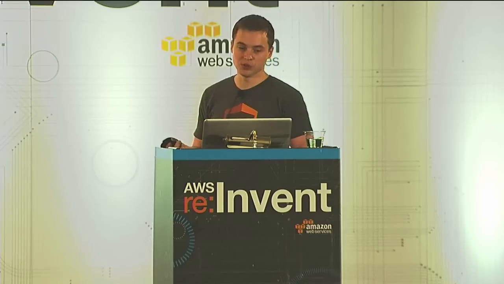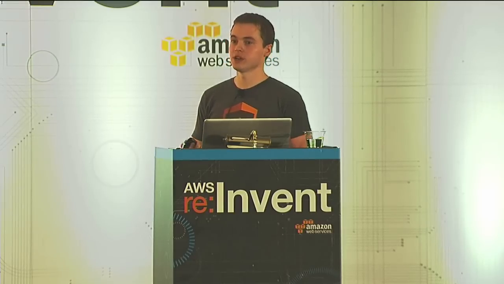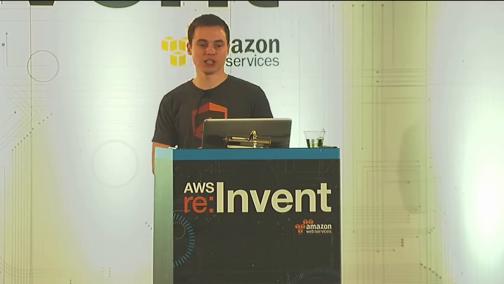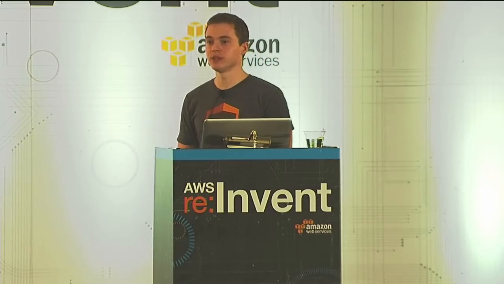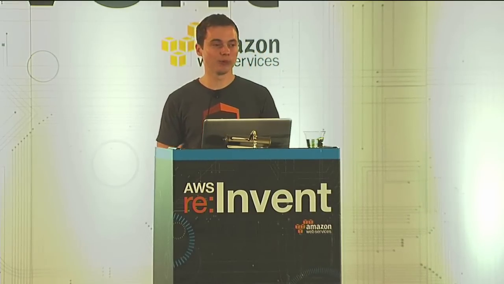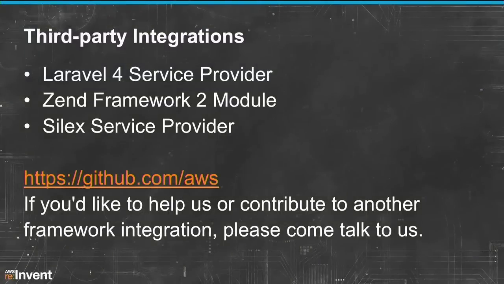The Zend Framework 2 module, and a Silex service provider as well that hooks in with the Silex Pimple DI container. These are really active projects, and these are driven a lot by user-contributed data on GitHub, and we really value those contributions. If you have any feedback or if you'd like to see another framework integration, please come talk to us after the talk, and we'd love to hear your feedback and see if we can get that going and create more modules like these.